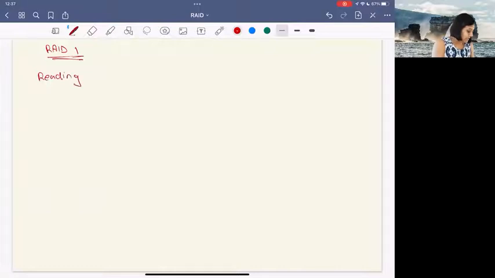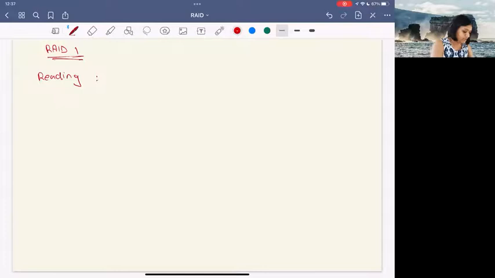So while we think about reading, do we have a choice in sense of where we read things from? Okay, yes, if we store a single piece of logical data into 2 physical disks, then we would have a choice where we want to read it from, right? Disk 1 or disk 2.